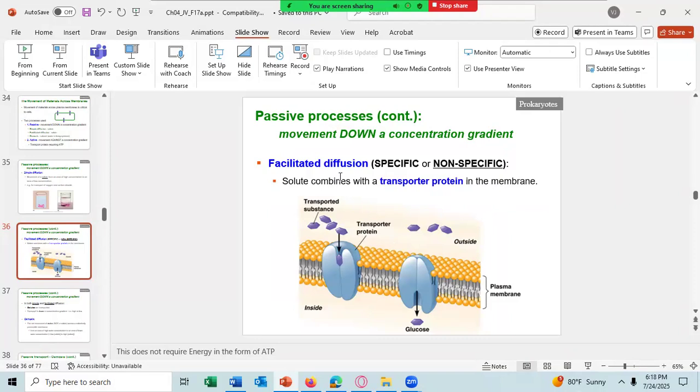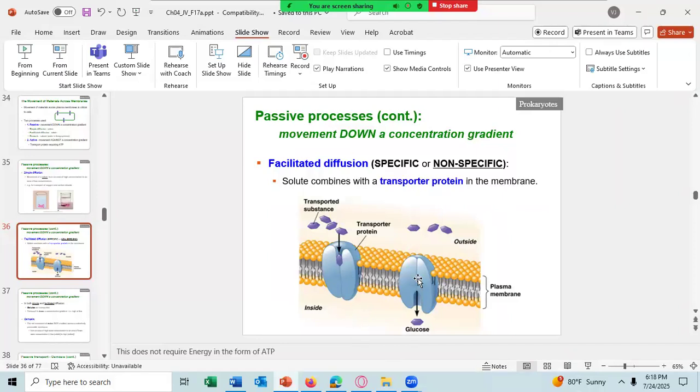With glucose, when the glucose is higher outside the cell than inside the cell, it will move into the cell by facilitated diffusion, down the concentration gradient from areas of high concentration to areas of low concentration. The difference with glucose is that once the concentration outside the cell equals the concentration inside the cell, this protein will change from a channel protein, or a transporter protein, to a transport protein.